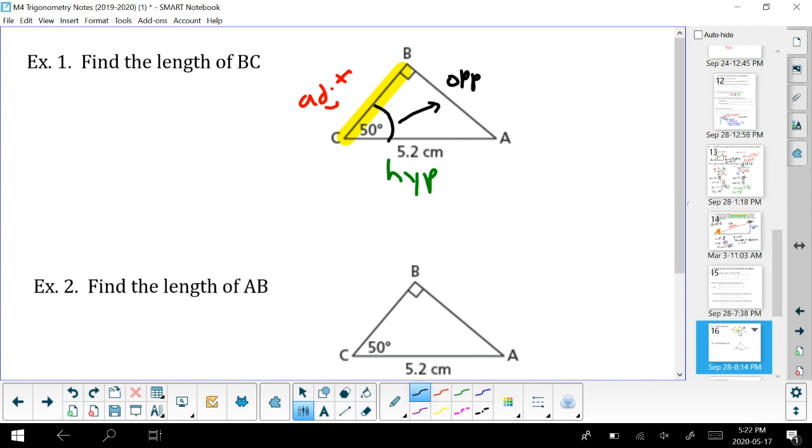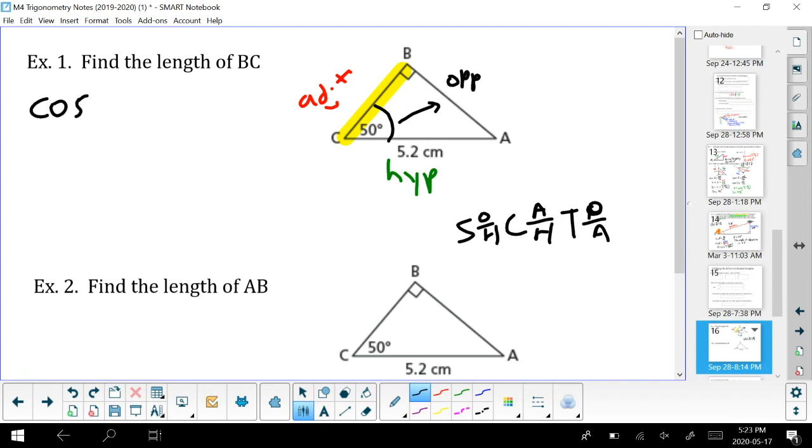So if we think about our acronym SOHCAHTOA, let's write it down here. SOHCAHTOA. We're going to be looking at the cosine ratio because we have the hypotenuse and we're trying to find out my adjacent side. So let's go ahead and set up our problem.